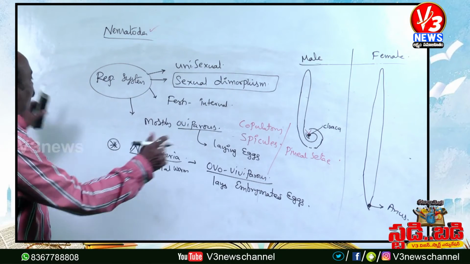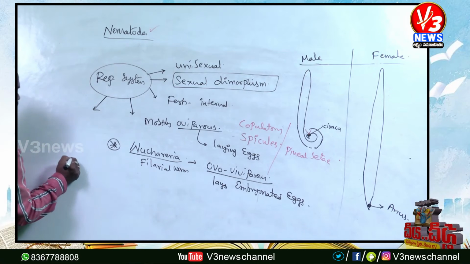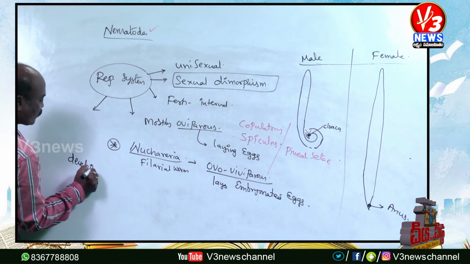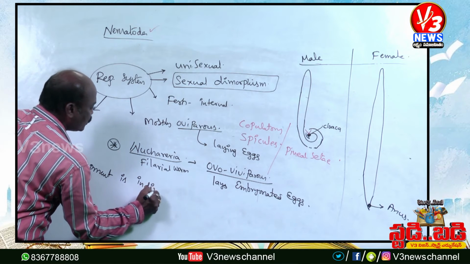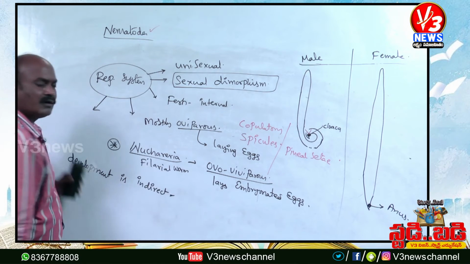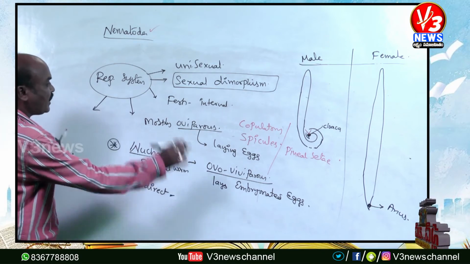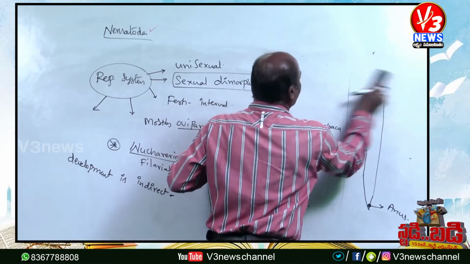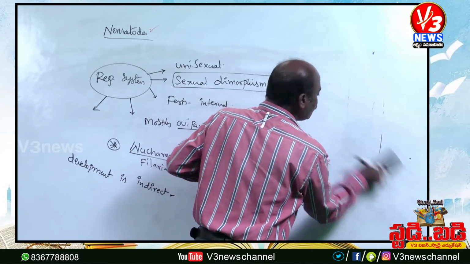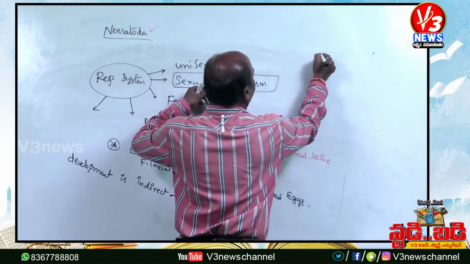Then the development is indirect. Indirect development means the larval stages are there. So the larval forms are there.